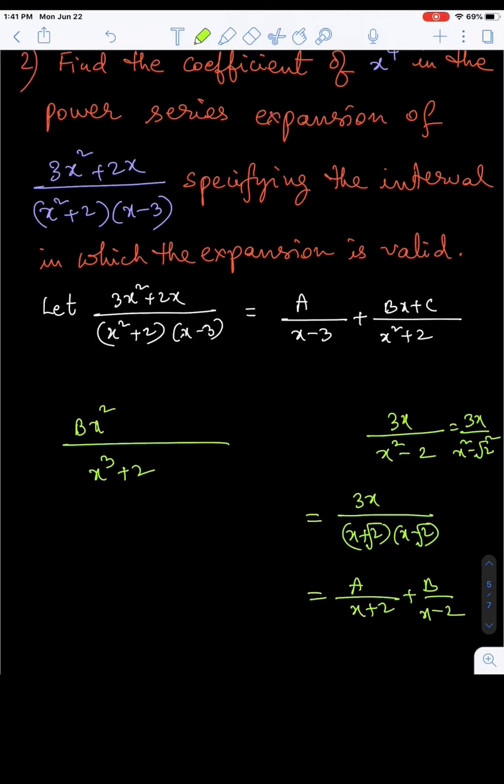You should take Bx square, Cx plus D. What is the difference between this and this? If the power is 2, take power 1 and constant. Here the bigger number is 3, the degree is 3, so take two terms, one term, constant. So B, C, D should come.